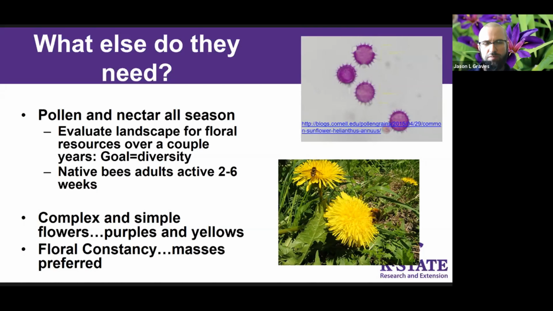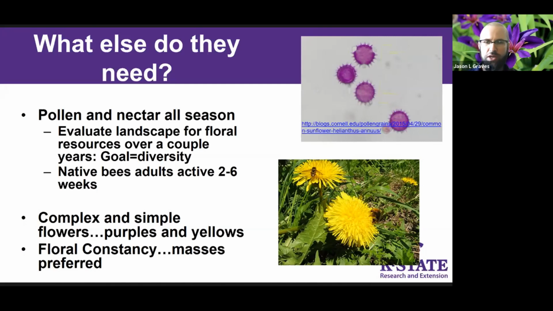Purples and yellows tend to be pretty attractive to bees, reds not so much, but floral constancy is important as bees do prefer masses of plants. It's much easier for honeybees and bees in general to work between similar flowers.